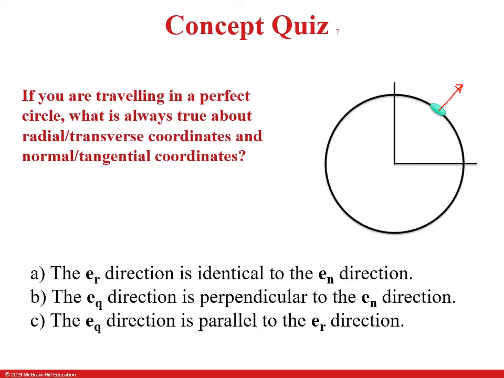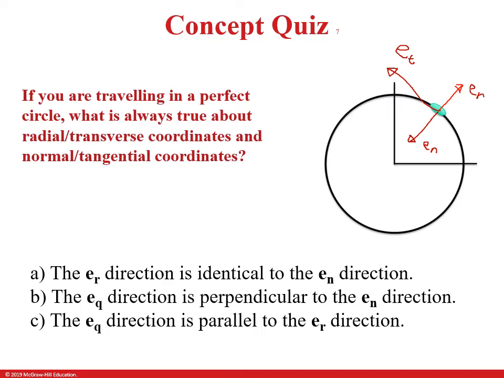Let's quickly draw some of these. This one here would be the radial. This one here would be the normal. And this one here would be, try to guess before I write it down, E sub t, tangent.